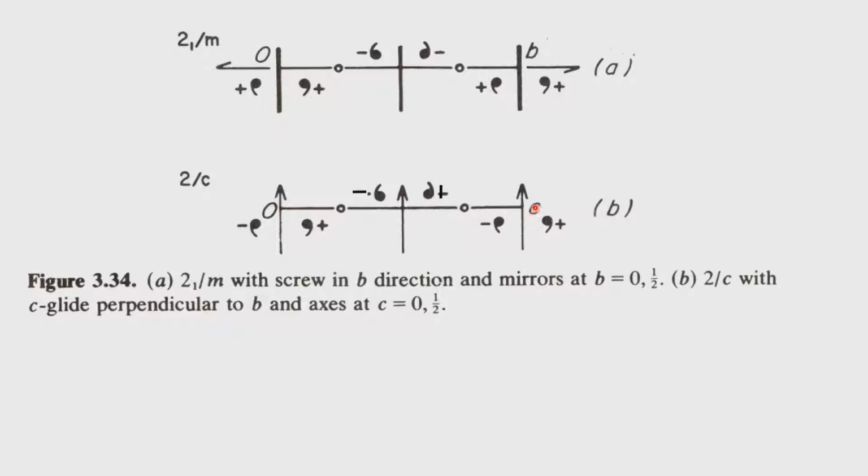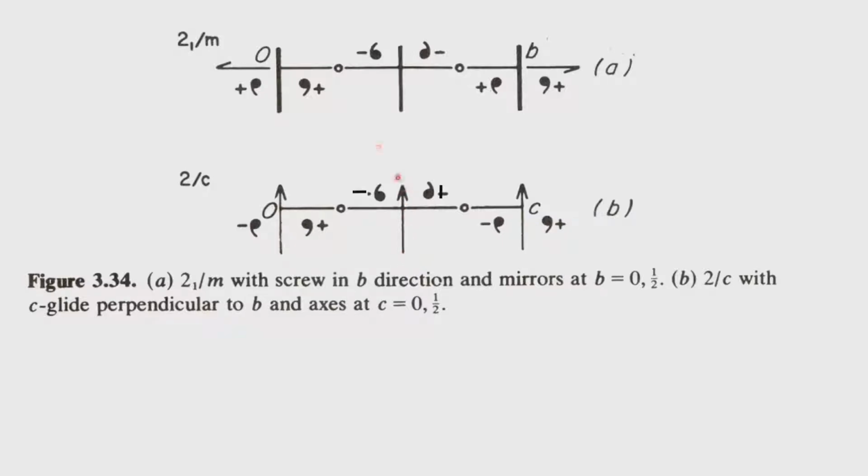So, if you now look at the way in which the symmetry operations get disposed, you will see that there is a two-fold axis which will coincide with the origin, and the presence of this two-fold axis will generate these 2 points. Now, this point 1 unit translation will go there, and this point 1 unit translation will come here. This will tell us that there is a two-fold axis at the half position as well.